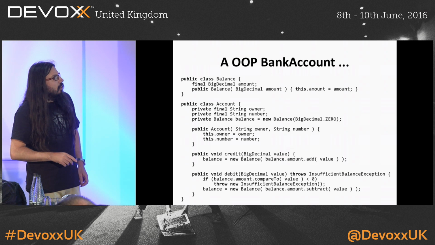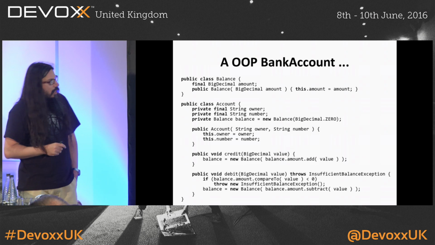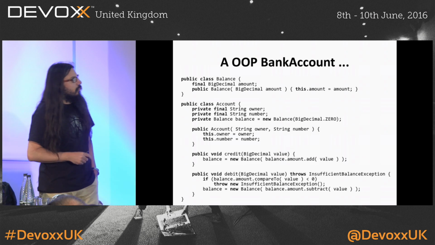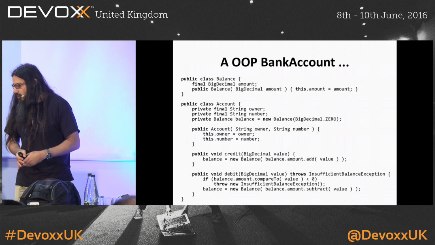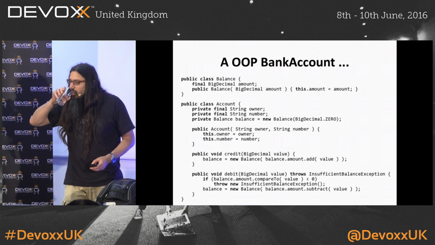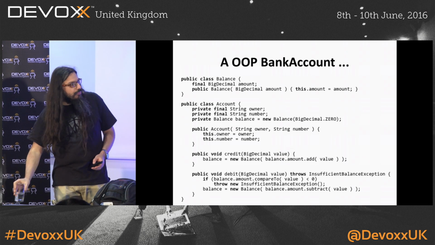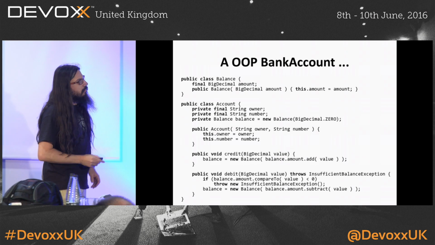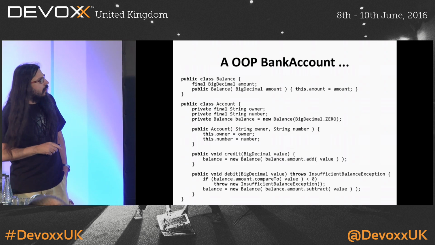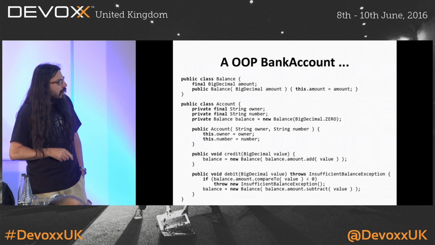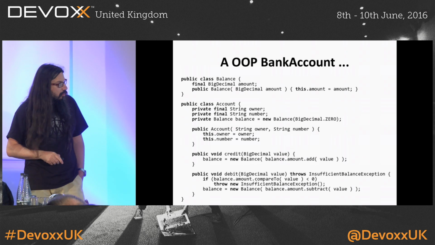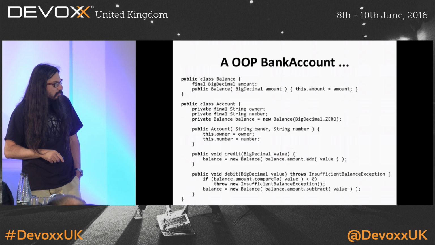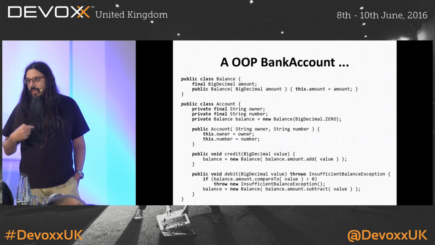Okay? So let's do an example. I told you I wanted to give you a real world example. So let's do a bank account this time. You have your account, the balance, and then you can put your money in your bank account. You can credit some money, and you can take money.